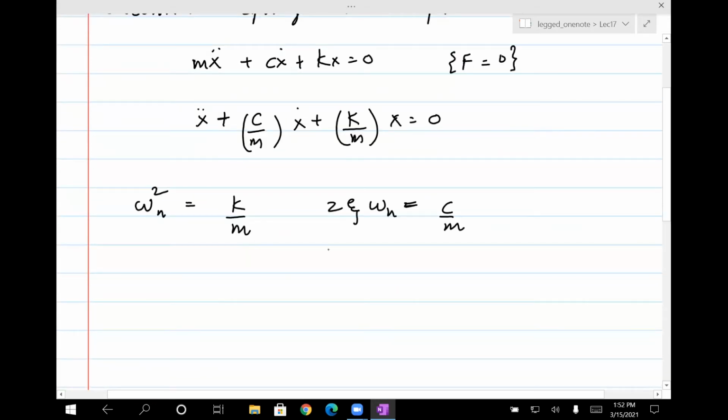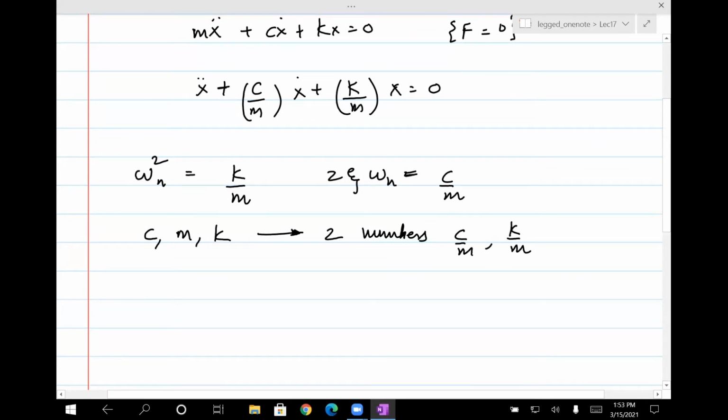So although there are three variables here, c, m, and k, we really are looking at two numbers. And these numbers are c divided by m and k divided by m. So it doesn't matter what m is, as long as k divided by m and c divided by m are the same thing. So once we have these two numbers, we can replace them with two other numbers, the damping factor and omega n.